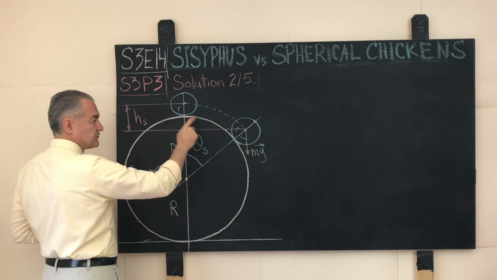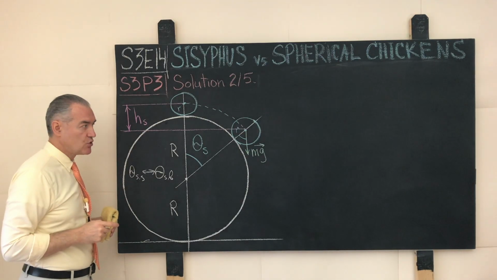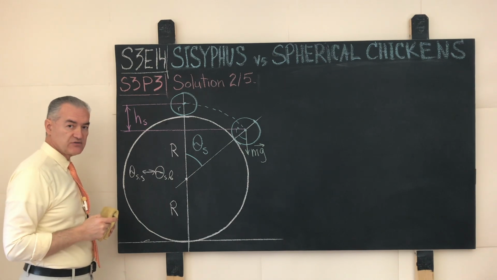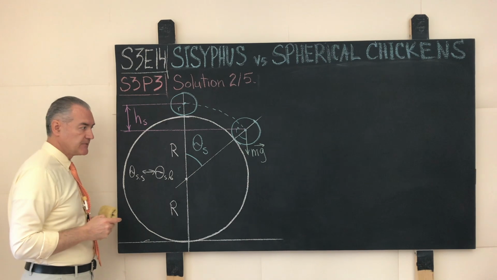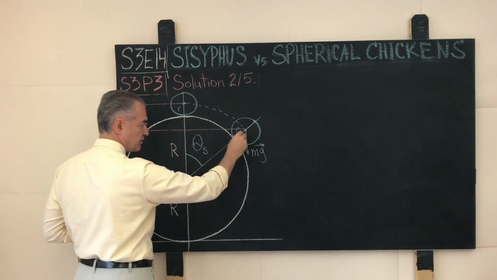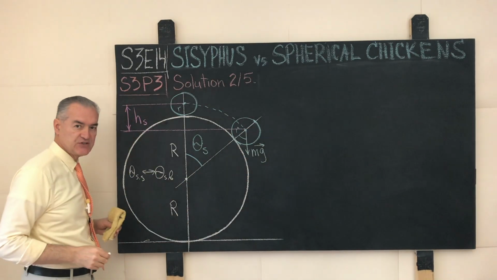With the minimal effort, we'll let this object of revolution roll without friction this time along the surface of a stationary sphere. And during this rolling motion, what will happen eventually? Eventually, this object of revolution will separate from the surface of the stationary sphere, or in plain English, that object will jump off that sphere.